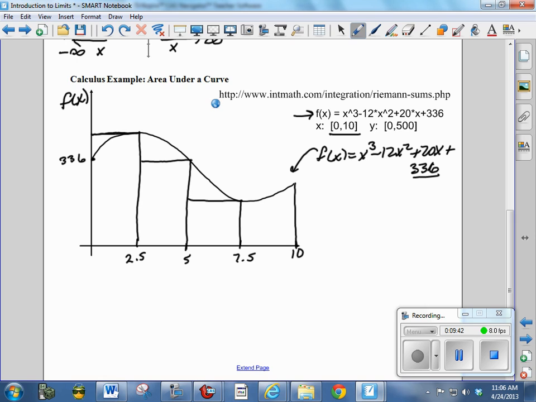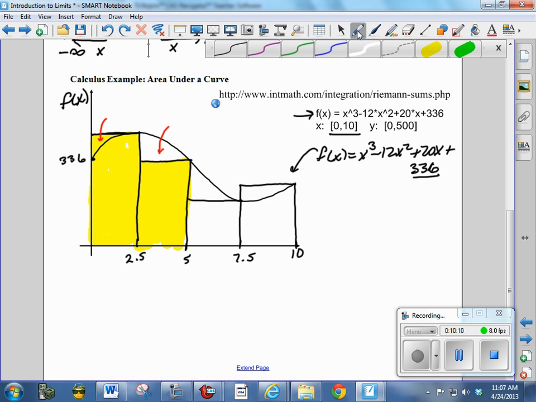Now notice here, when I draw the rectangles, I'm going to shade these in for you, that some of the rectangles give you a bigger area than the actual curve, and some of them give you a smaller. So rectangle number 1 gives you too much area because it includes this little space here. Rectangle 2 gives you too little area because it excludes that space.